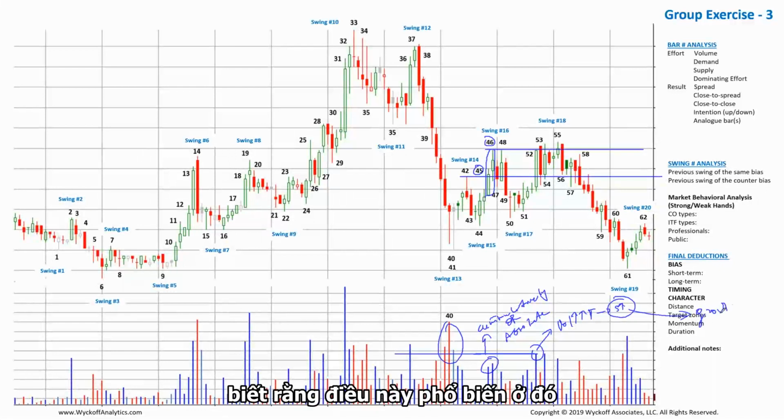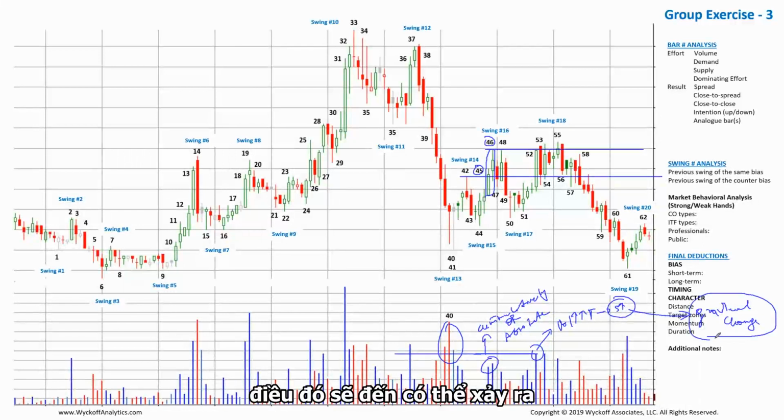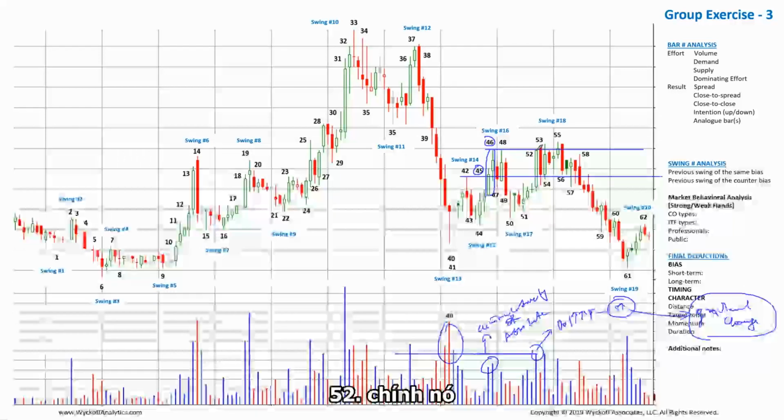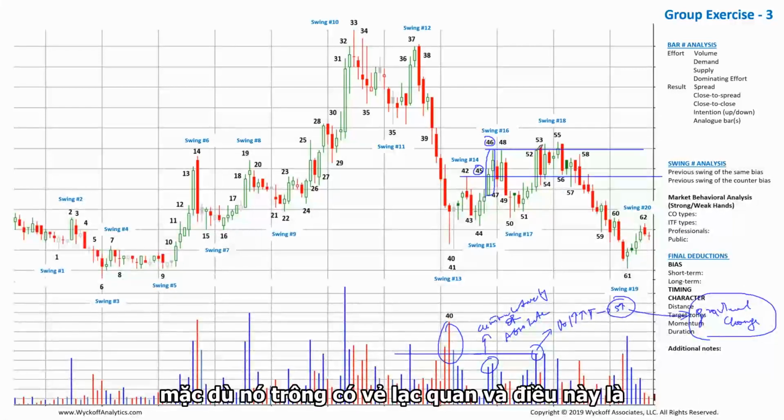So I know that there's going to be a gradual change that's possibly going to come at some point. Where is the confirmation of this idea? Well, the first confirmation is just in the bar number 52 itself. Even though it looks bullish, and this is where amateurs are going to make a mistake.